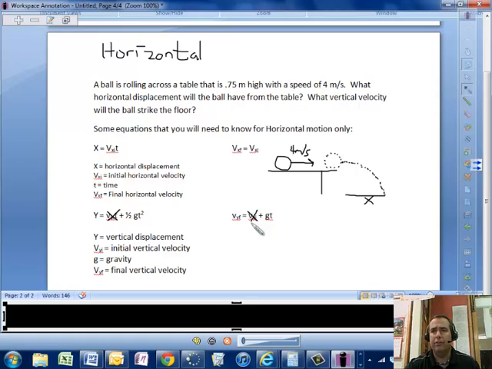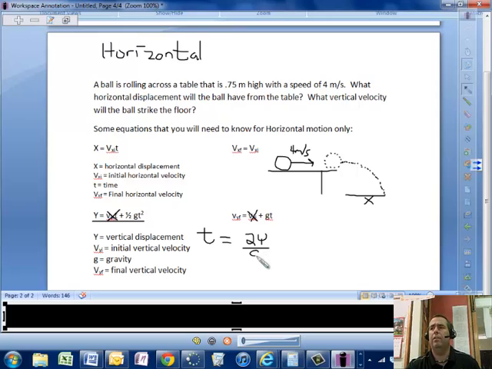One of the equations that you're going to use a lot is going to be this one right here. Y is going to be equal to 1/2 gt squared. Because really what we're going to do is we're going to solve for time. And we're going to say that time is going to be equal to 2 times the vertical height divided by gravity, and then again we're going to have to take the square root of that.